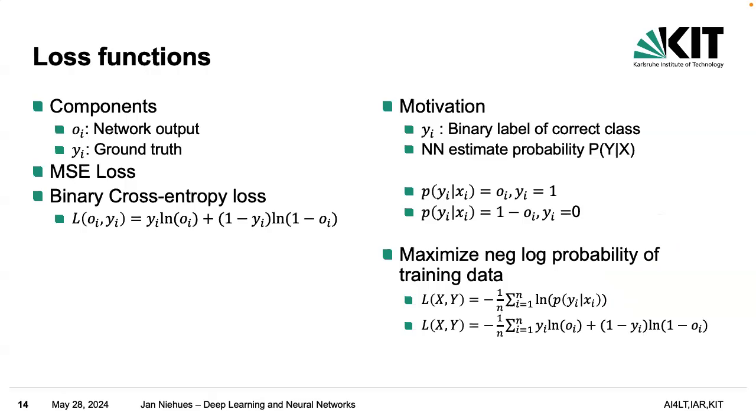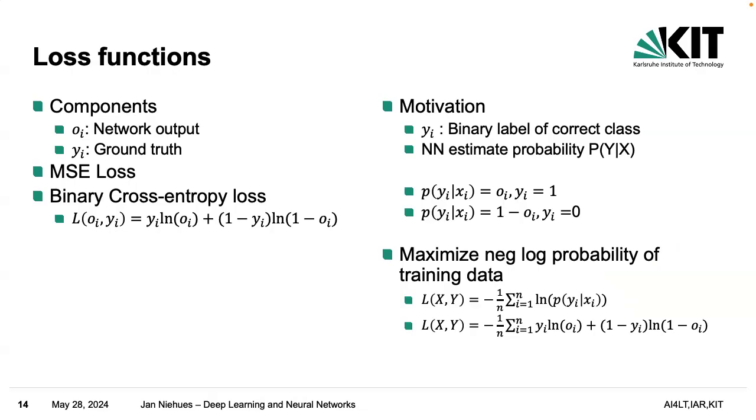In this case, you're often not directly optimizing the probability, but the negative log probability. Here you see the probability of y_i given x_i, then the logarithm of the probability, and the minus sign. You sum over all the examples and then take the average. So what you're trying to do is optimize the negative log probability.